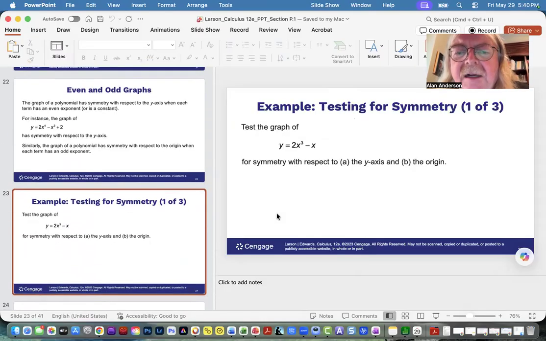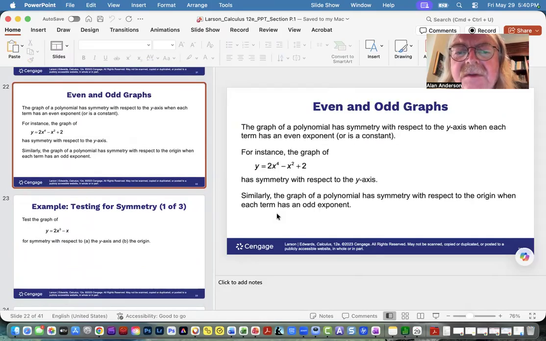Actually, you know what we could do? We could go to Symbol Lab and show it. Let me do that real fast.